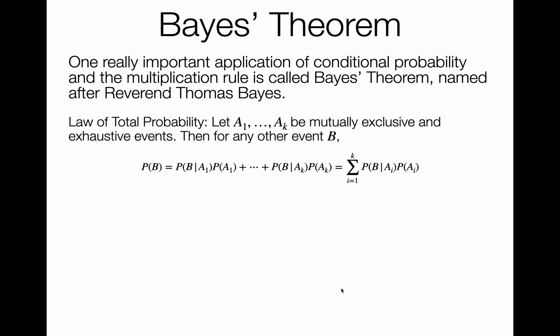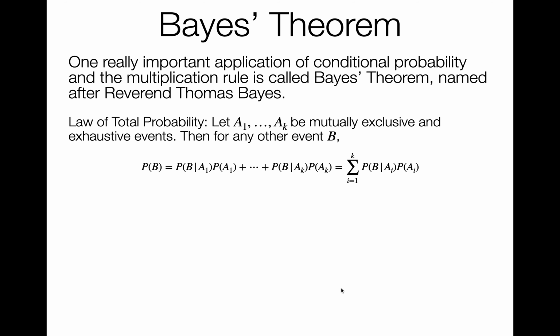And they need to be exhaustive, which means these events need to cover the whole sample space. There can't be anything else out there that we don't know about. Everything has to be enveloped by A1 through AK. It covers everything.